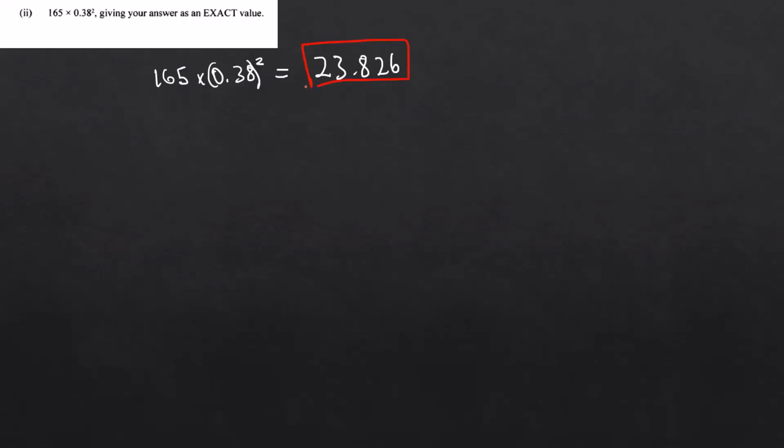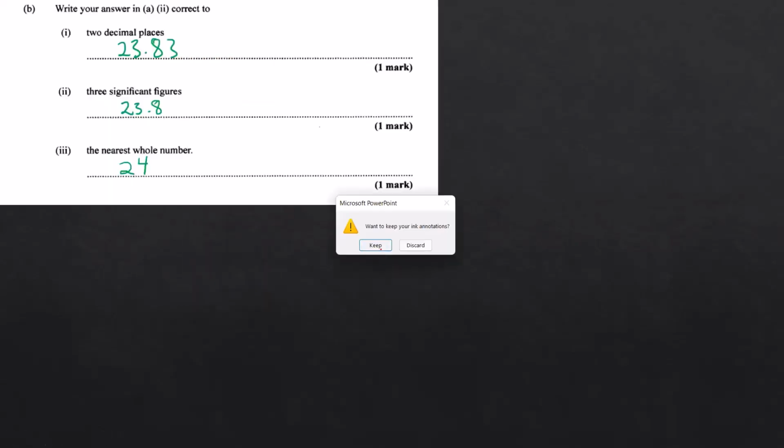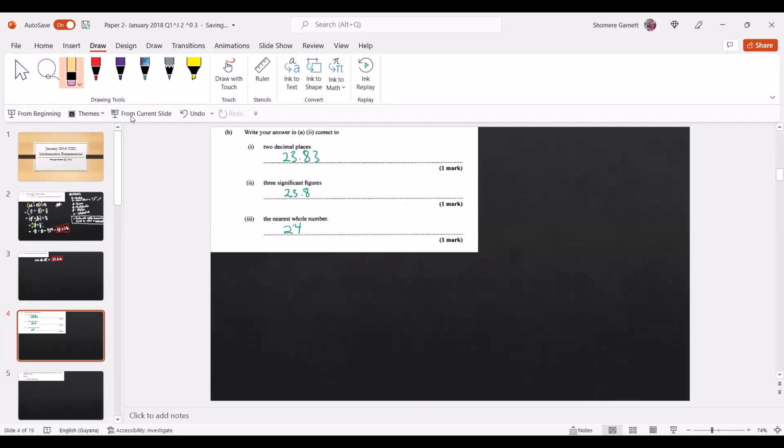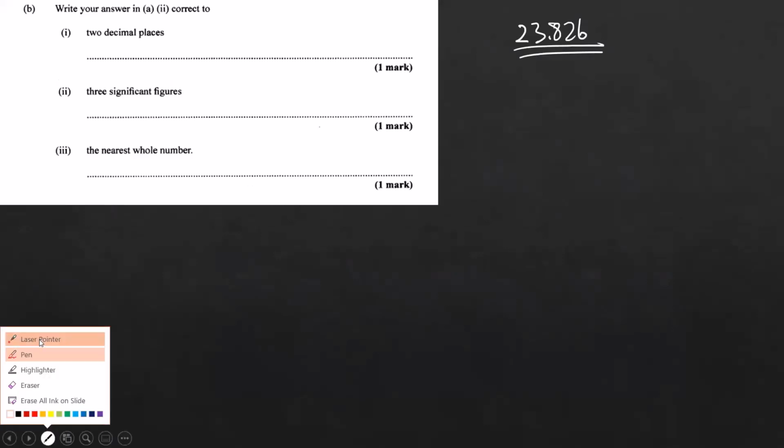But the next question deals with the same number, right? So with your answer in A(ii), write your answer correct to 2 decimal places.